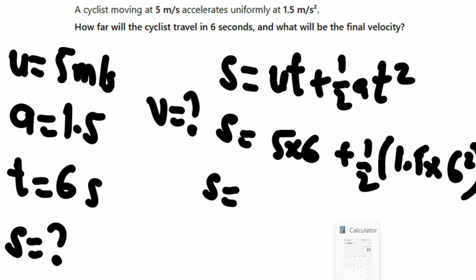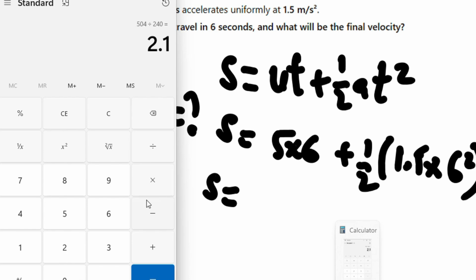Because of the nature of my calculator, I need to clear everything, and then do this side first. So it's 6 squared, times 1.5, times 0.5, because that's half, plus 5 times 6, which is 30.